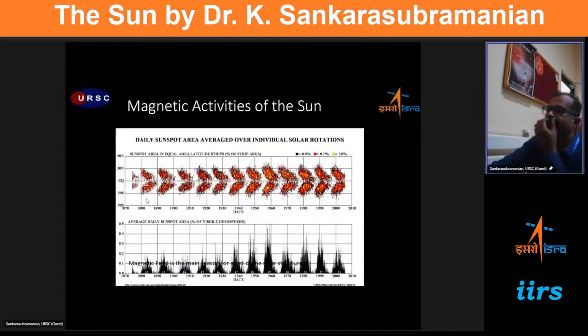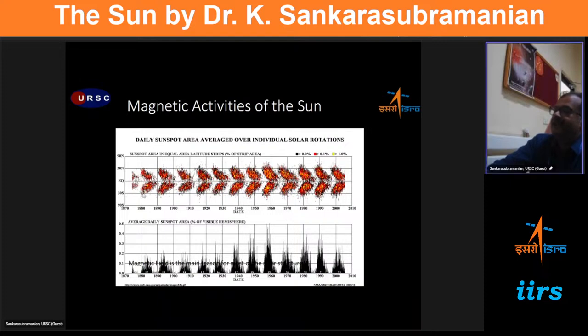The data is available. If I plot the average number of sunspots seen in a month or a year over many years, you will start to see this beautiful structure. We call it the butterfly diagram.